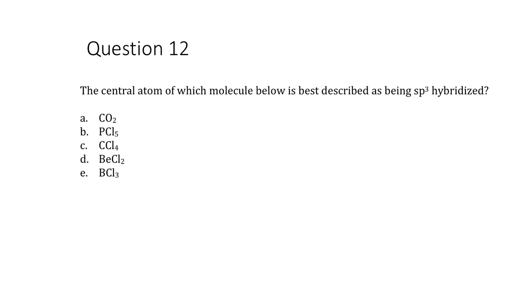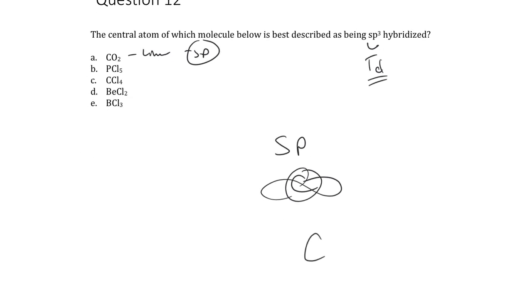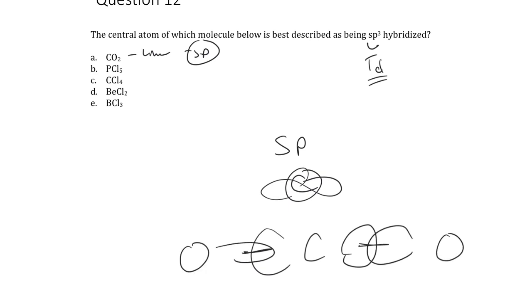Is the central atom below sp3 hybridized? Well, sp3 hybridization is anything that's tetrahedral. And so we have linear. This is sp hybridization, meaning that the central carbon hybridizes an s and a p orbital, making one orbital here, one orbital here. Now oxygen can pair up with one of them to make a sigma bond, and the other oxygen pairs with the other, making another sigma.